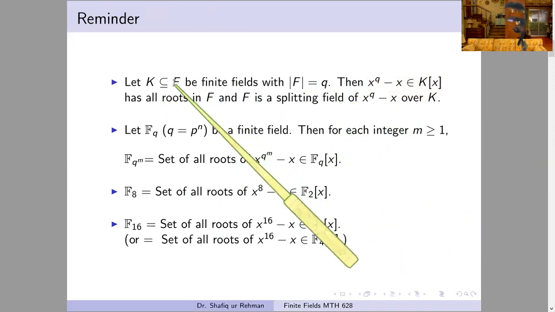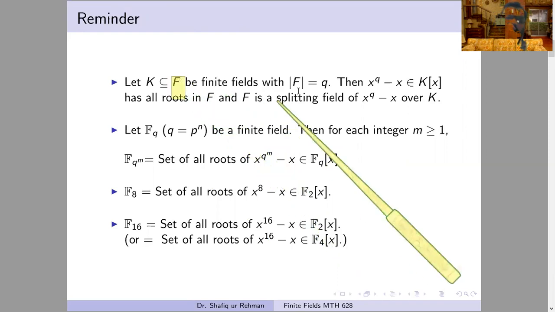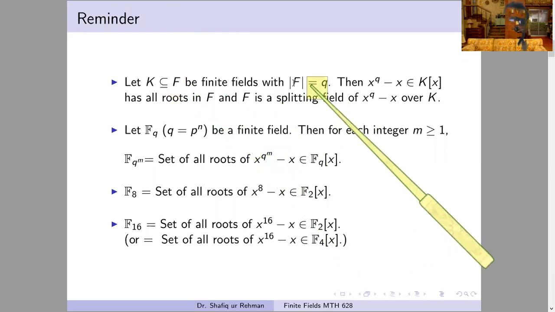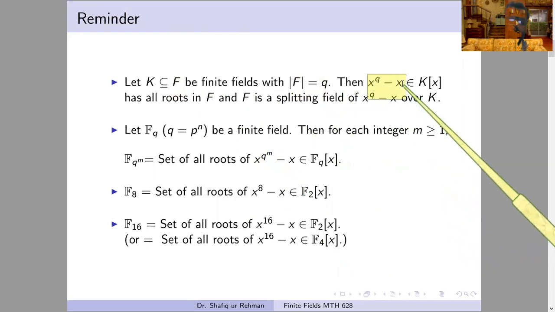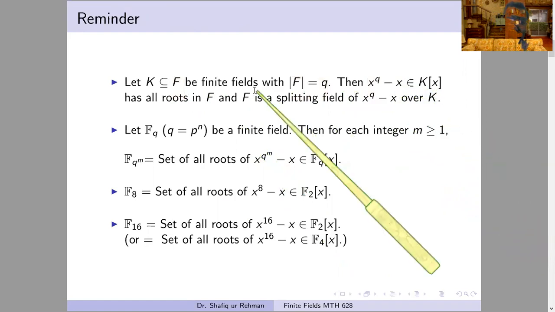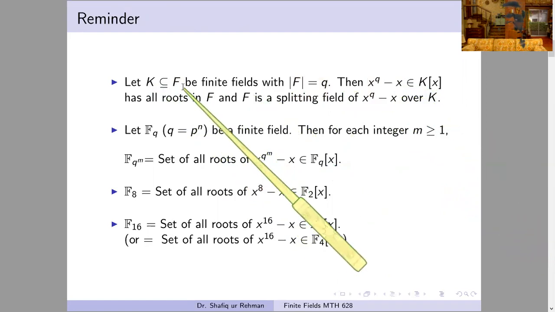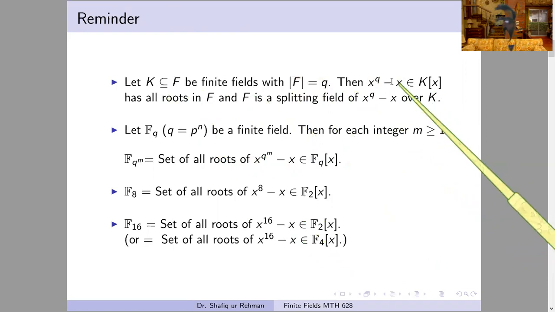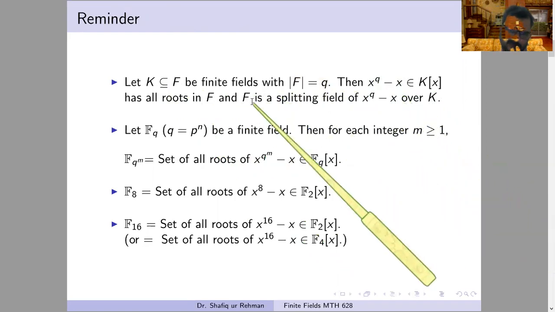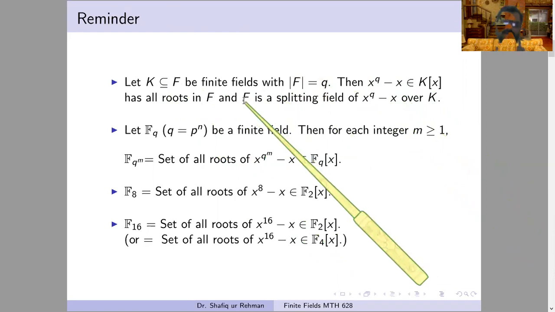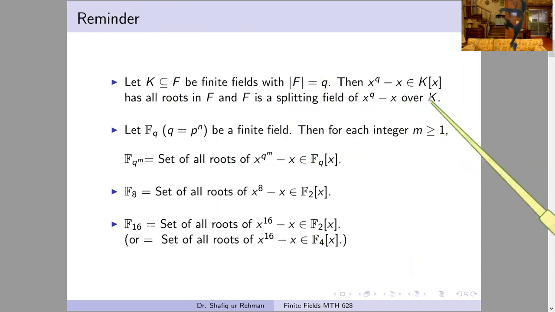Again, see, if we take any finite field F whose order is q, then if we choose this special type of polynomial, that is x^q - x, taken over any subfield of this field F, then all the roots of this polynomial will lie in this field F, and this field F will be the splitting field of this polynomial.